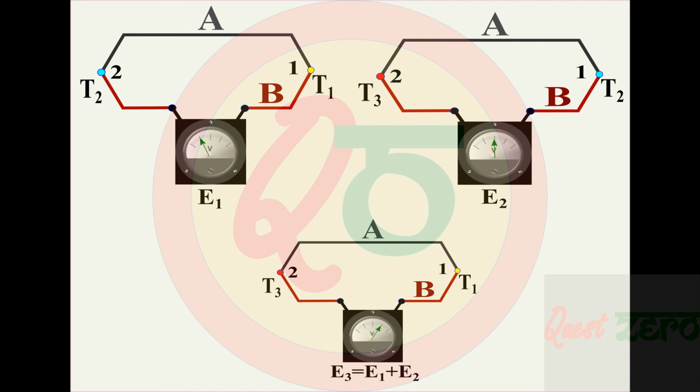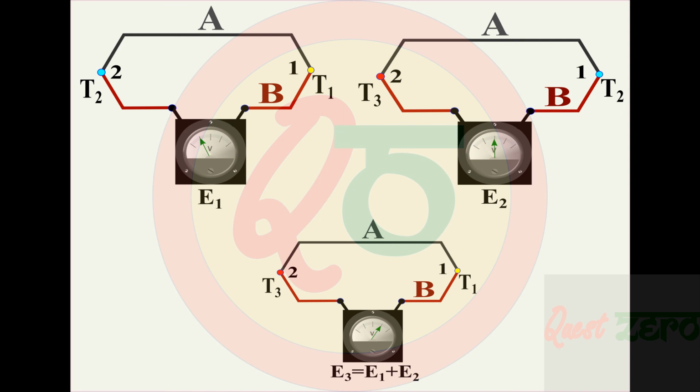Now the law of intermediate temperatures says when the temperatures of these junctions are at T1 and T3, which is like warm and hottest, then the EMF generated will be equal to the sum of the previous two arrangements, that is 5 plus 10 equals 15.